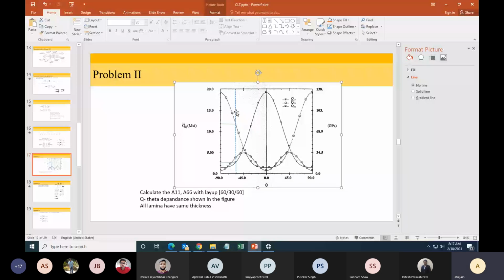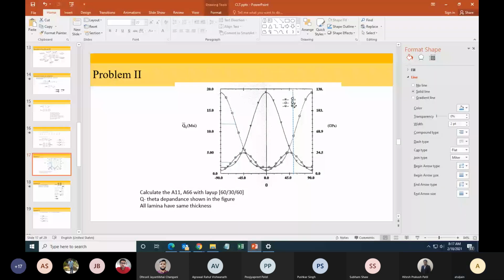You see, it is exactly the same for plus. Even if I go to plus 60, it will come out to be the same thing. Be careful whether you want the units GPa or MSI.